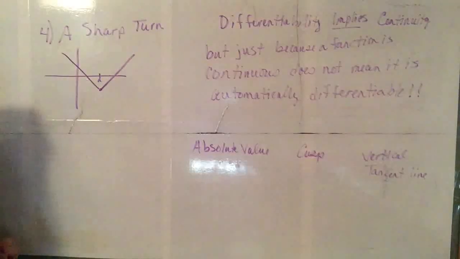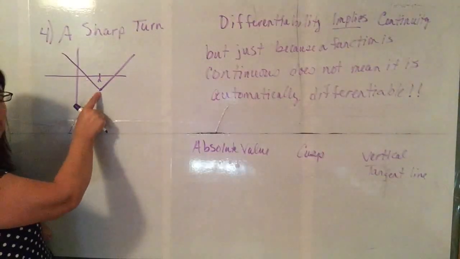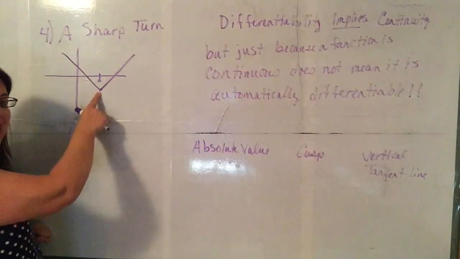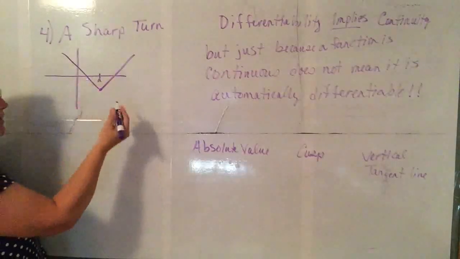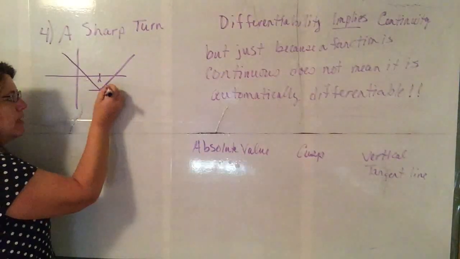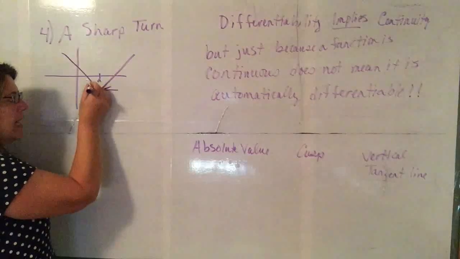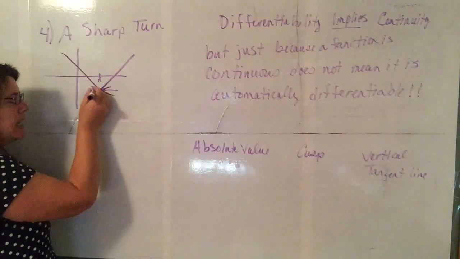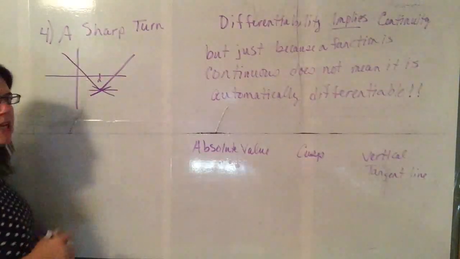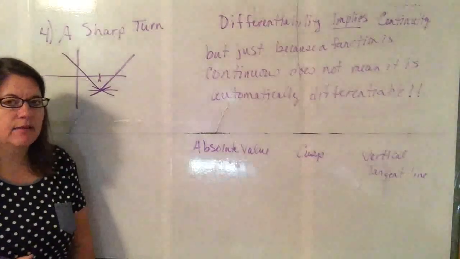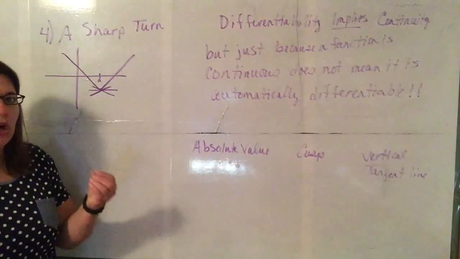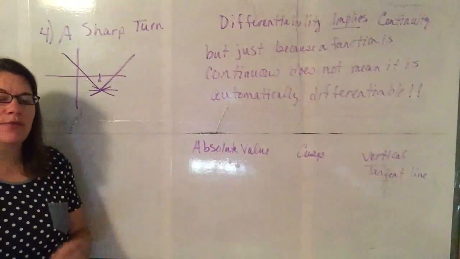Well, if I'm trying to find the derivative at that point, or the slope of the tangent line at that point, isn't there an infinite number of slopes that I could attach to that tangent line? Because there's not just one tangent line on that sharp curve. So a sharp curve here destroys differentiability.